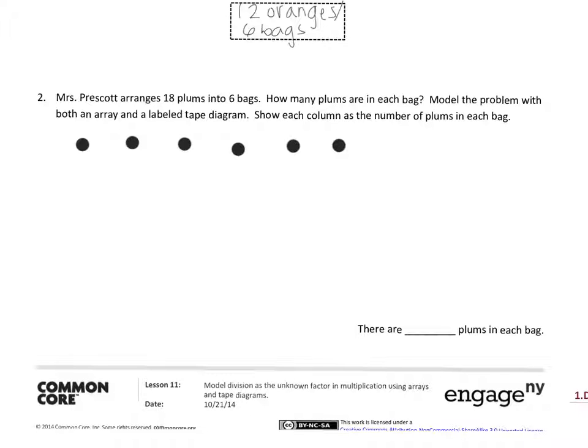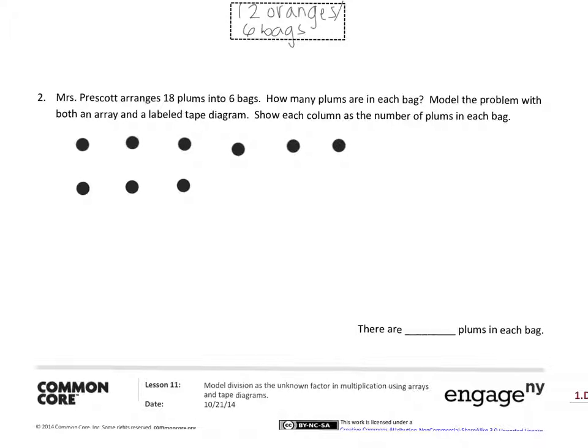Now normally I would say that this way is my bag because of my groups, but when it tells me specifically what needs to represent what, that's what I have to do for my problem. Okay, so the number of plums in each bag is my column. If I had 6 going this way, then that would be 6 in each bag, and that's not what my problem's telling me. So I had to kind of flip-flop it.